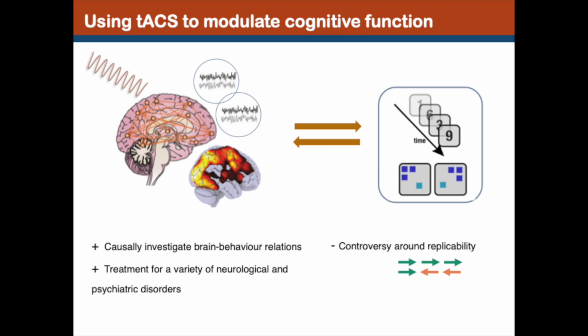Okay, so going back to transcranial alternating current stimulation, tACS. Why am I, and others, interested in using this to modulate cognitive function? The reason is that we have this idea that you have a network of regions that is necessary to support cognitive function. You have different brain states.